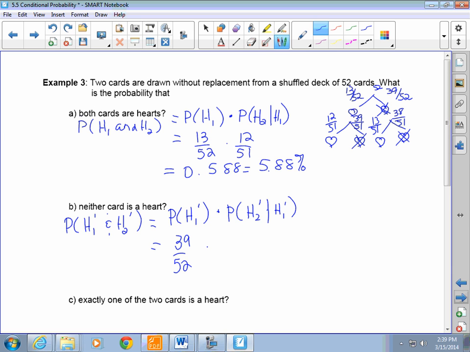So I'm looking at my two X'd out hearts here. So when I multiply then divide, I am left with 0.5588. So that is 55.88%.